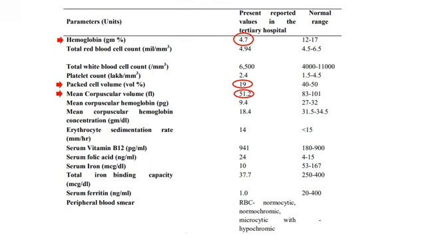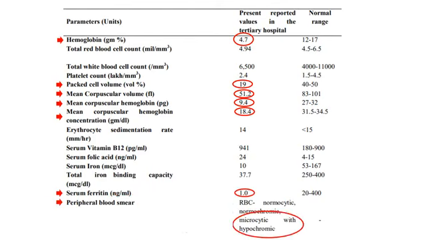So it is microcytic in nature. Mean corpuscular hemoglobin 9.4 is less than 27. Mean corpuscular hemoglobin concentration 18.4, so it is less than 31. Serum ferritin just 1 is very low.